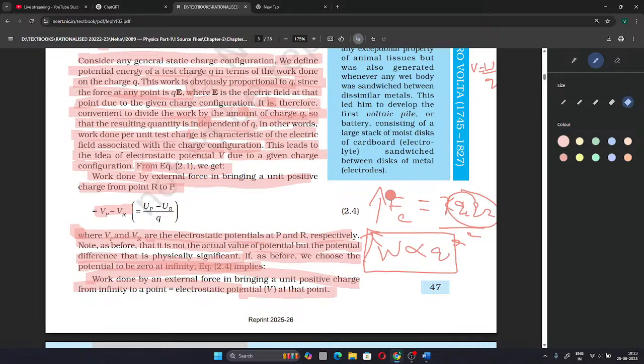It is therefore convenient to divide the work by the amount of charge Q so that the resulting quantity is independent of Q. In other words, work done per unit test charge is a characteristic of the electric field associated with the charge configuration. This leads to the idea of electrostatic potential V due to a given charge configuration.